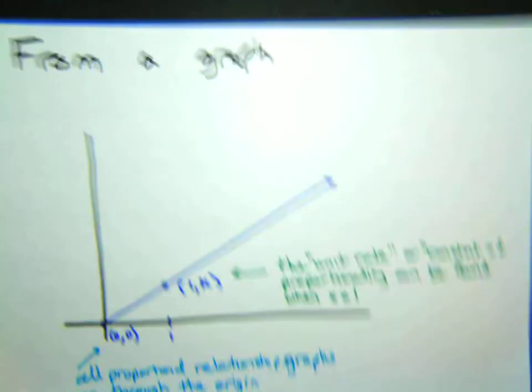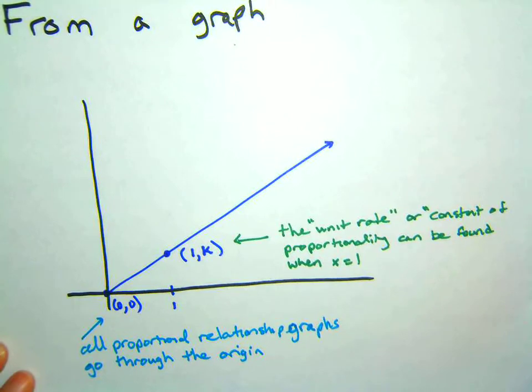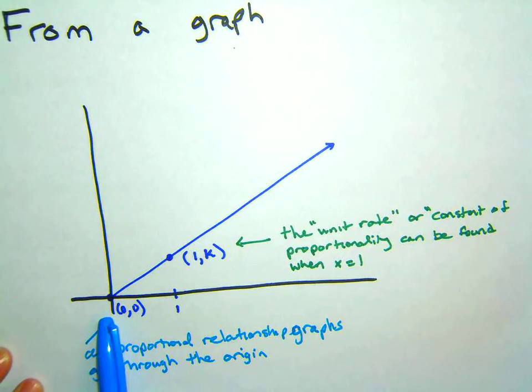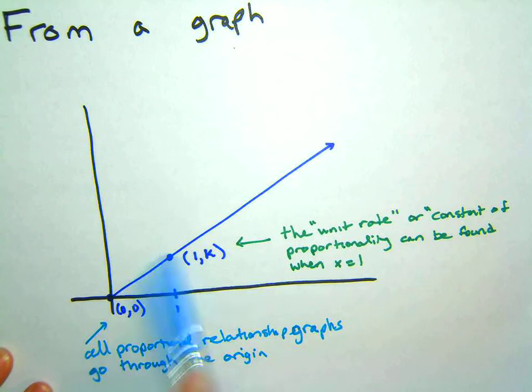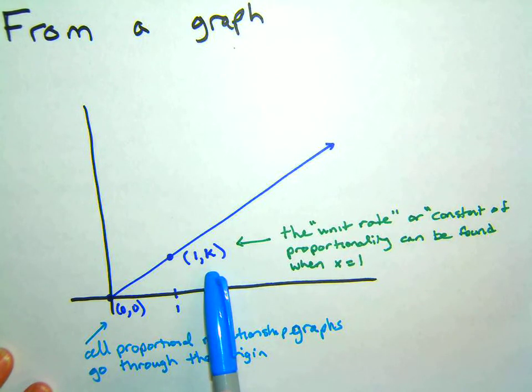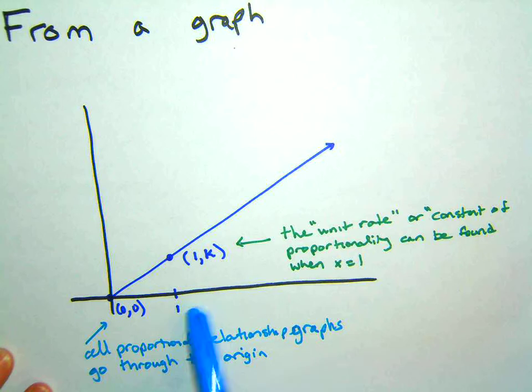From a graph, they learned that the graph was going to go through 0, 0, through the origin. And that if they went to the point 1, k, they would see the unit rate there. When x was 1, they would be able to find the unit rate, or that multiplier, that constant of proportionality.